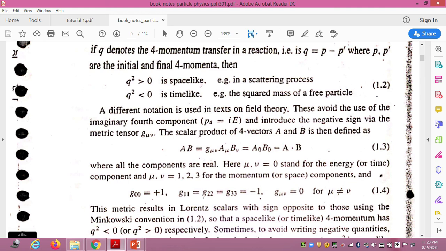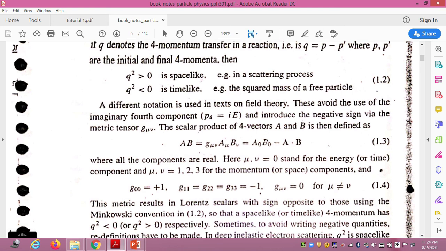That means only the diagonal components remain: for 0,0 it is plus 1, and for 1,1, 2,2, and 3,3 it is minus 1. So it is a 4 cross 4 matrix whereby the diagonal components are 1, minus 1, minus 1, minus 1, and all other components are 0. Just by introducing this kind of metric tensor, we get a different notation where the imaginary part of the energy can be removed.